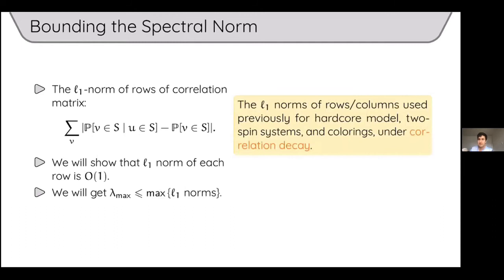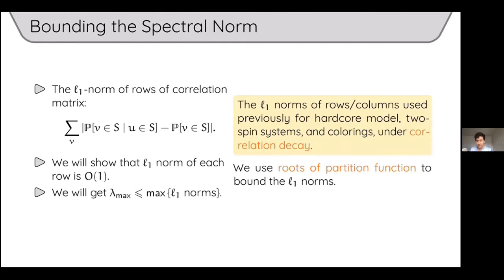Okay. So this strategy actually has been used for a lot of other distributions, including for example, in the case of negative correlations, this works. You can show that the L1 norm of rows would be bounded by a constant. But it's been shown in the case of many other distributions that have decay of correlations. So as I showed you earlier, monomer-dimer systems don't generally have decay of correlations.